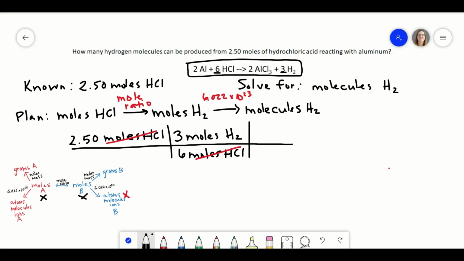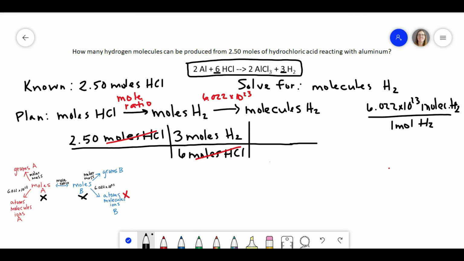Once we're in moles of H2, we'll go to our next and final step. We're going to go to molecules of H2. And to do that, we use Avogadro's number. And again, Avogadro's number tells us that there are 6.022 times 10 to the 23rd molecules of H2 in 1 mole of H2.